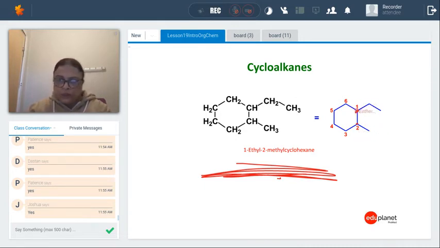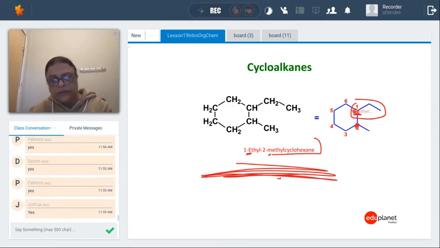Do I go 1, 2, or do I go 1, 2? Ethyl is E, methyl is M, ethyl gets number 1. So this will be 1-ethyl-2-methyl cyclohexane, because E before M. So we give number 1 to the ethyl.